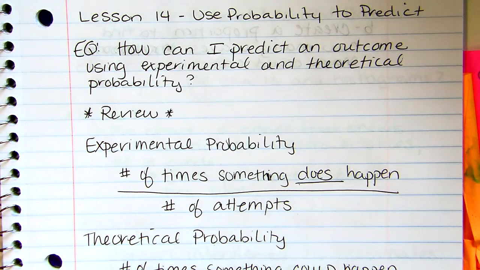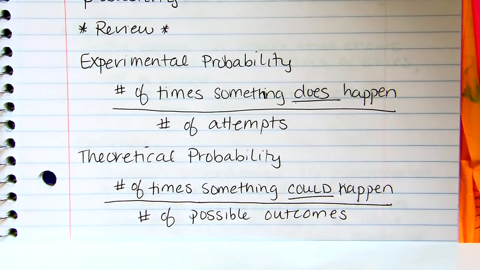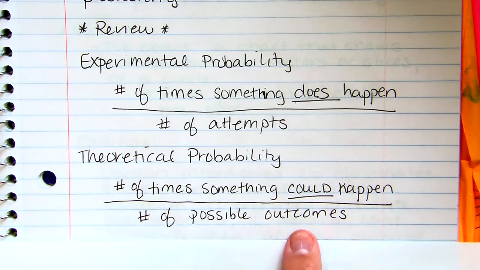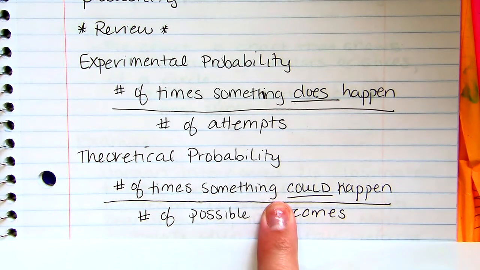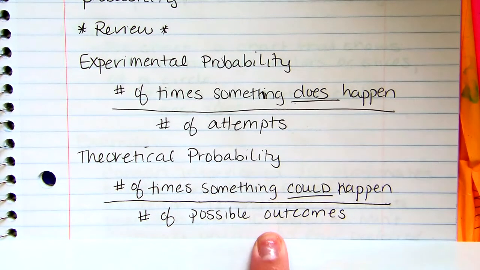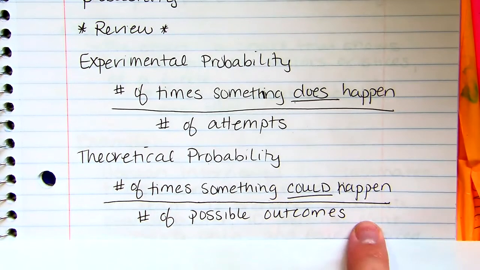Now, theoretical probability is the number of times something could happen. So using that coin flip analogy again, there are two possible outcomes, because on a coin I have heads or tails. If I'm hypothesizing that it could happen 1 out of every 2 flips, then I'm going to get heads 1 out of 2, okay?